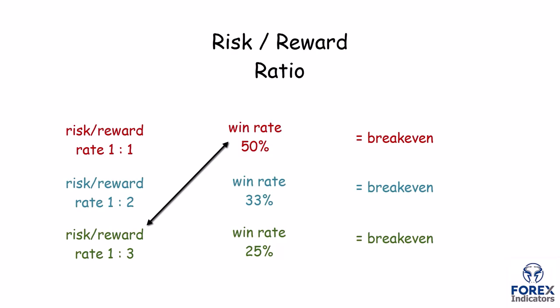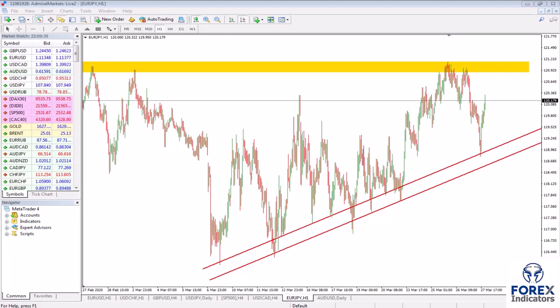I try to adjust it to the situation on the chart, but still I want to keep it at a minimum of 1/2 ratio. What is this all about? Every trader should strive to have as high a risk-reward ratio as possible while maintaining as good a win rate level as possible. The easiest way to do this, and I'll show you now, is to adjust the trade entry level.